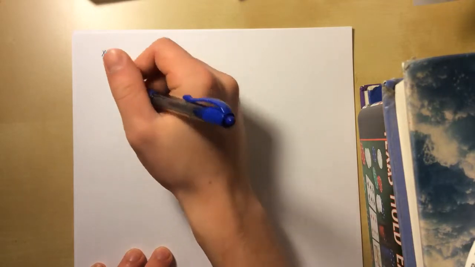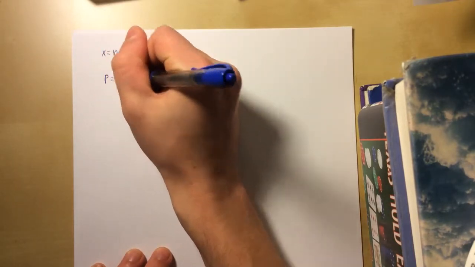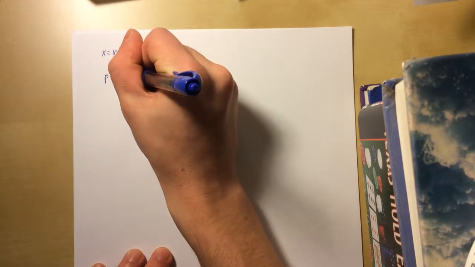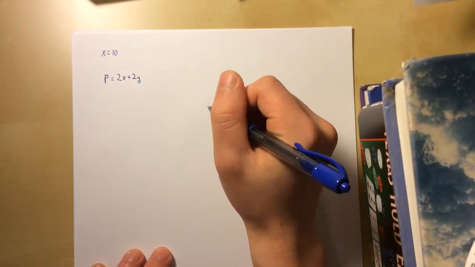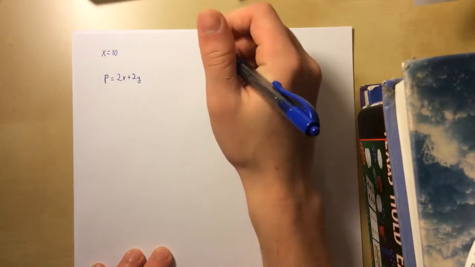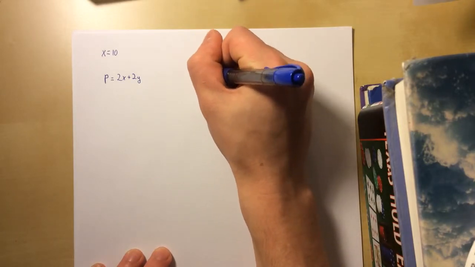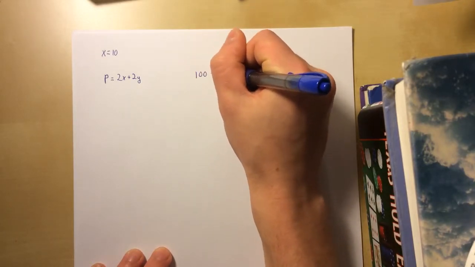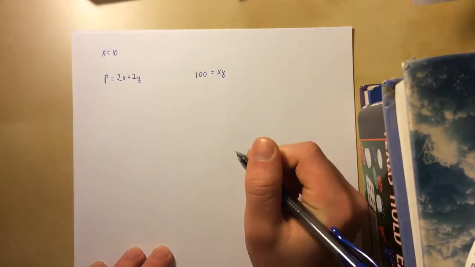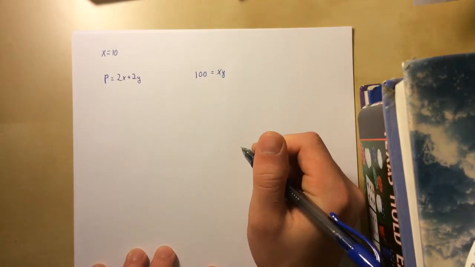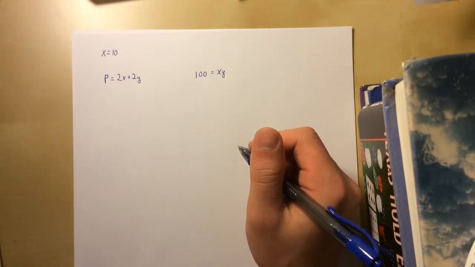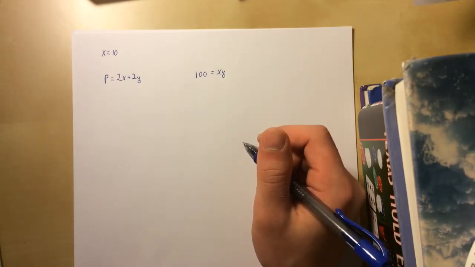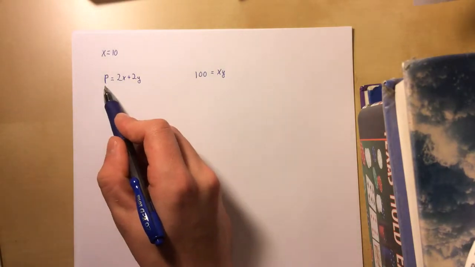So now that we know that x equals 10 is a minimum, let's look back at our perimeter function. Perimeter is equal to 2x plus 2y. And let's look back at our constraint. Our constraint was that 100 meters squared was equal to x times y. For this question where it's asking us to find the dimensions, we don't really need to look back at this equation.